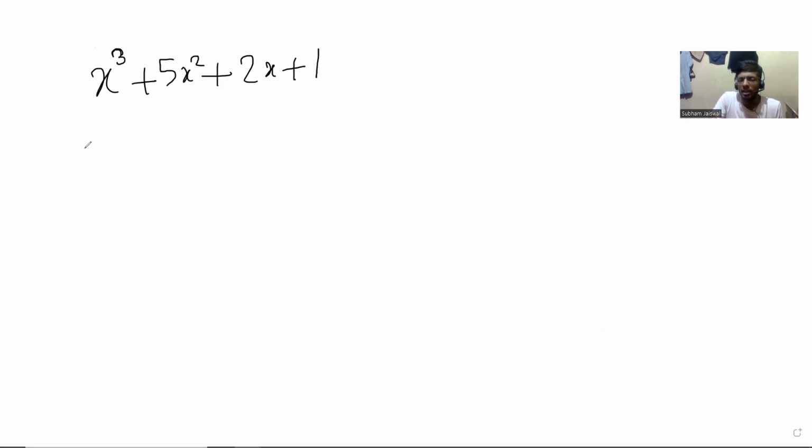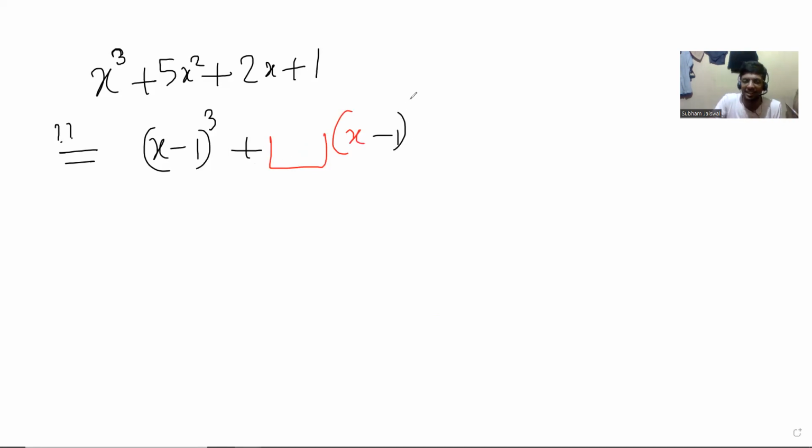Can you now help me write this polynomial using not x but x minus 1? First of all, is it possible? And if it is possible, then please find me the coefficients. In this new coordinate system, this new way to write polynomials, what will be the coefficients? Sorry for the color.